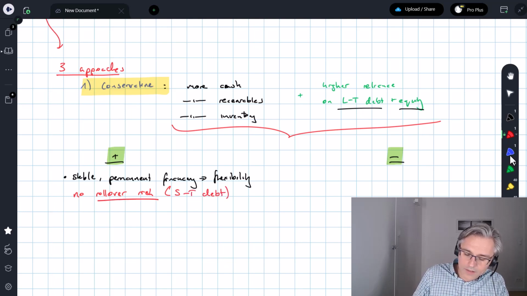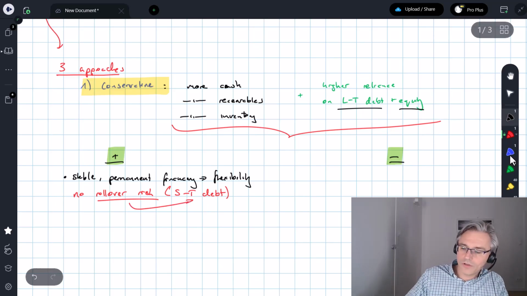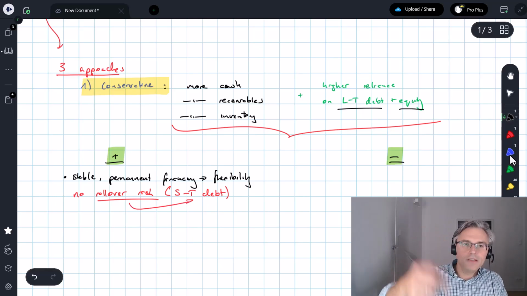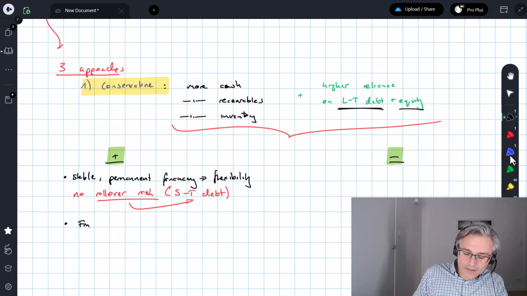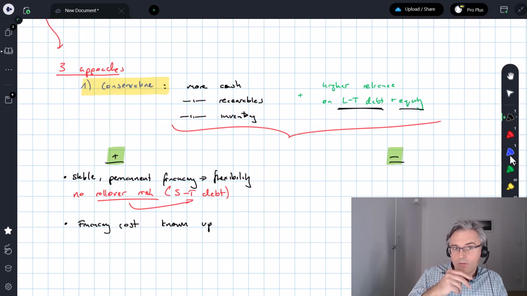Which is the case with short-term debt, right? Rollover risk is always present when you borrow money short-term and need to ask for money again just to keep the loan going. In the case of long-term debt, at least, the financing cost is typically known upfront, especially if you're paying fixed interest on the borrowing.